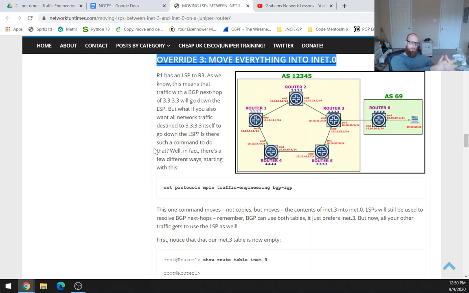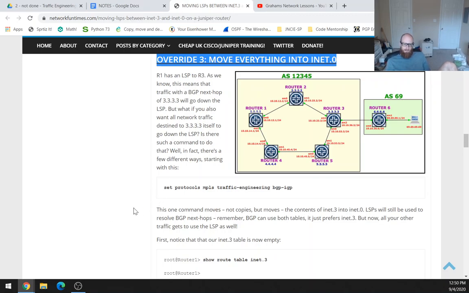This one command moves, not copies, but moves the contents of inet.3 into inet.0. LSPs will still be used to resolve BGP next hops. Remember, BGP can use both tables, it just prefers inet.3. But now all your other traffic gets to use the LSP as well.